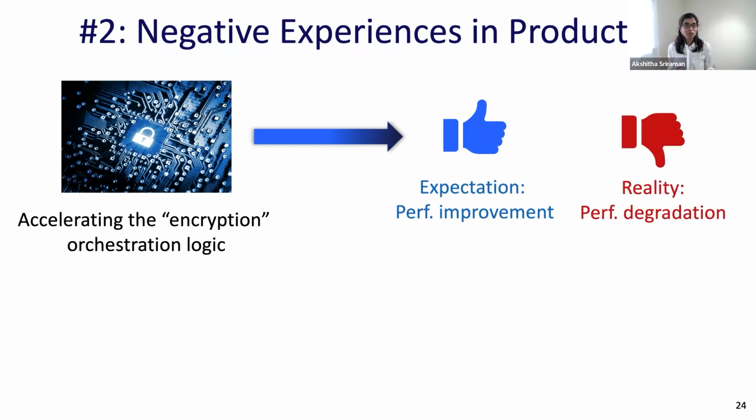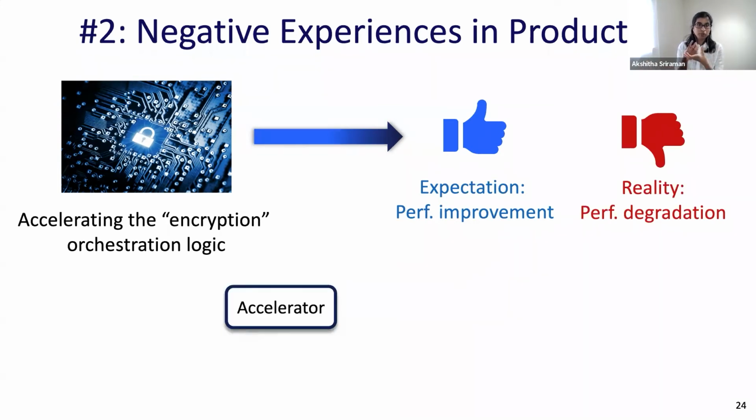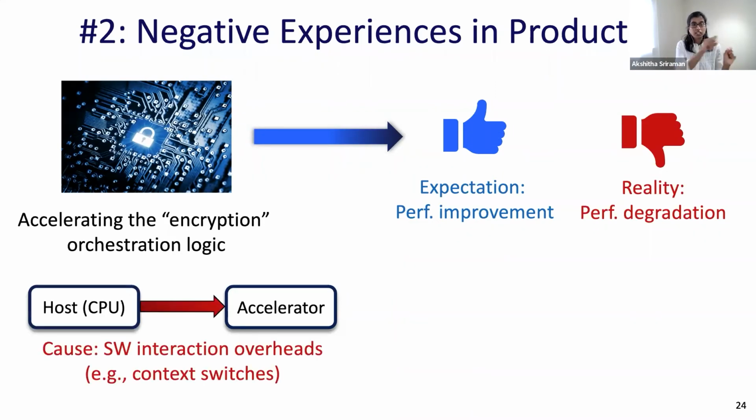But surprisingly, we found that this new encryption accelerator not only did not meet the promised performance gains, but it actually deteriorated performance because the hardware vendor had only focused on improving the accelerator's performance and had not considered the end-to-end overheads that come into play, particularly from the microservices' software interactions with the hardware, like say the offload preparation time, the context switch penalties that we were talking about before, and so forth.